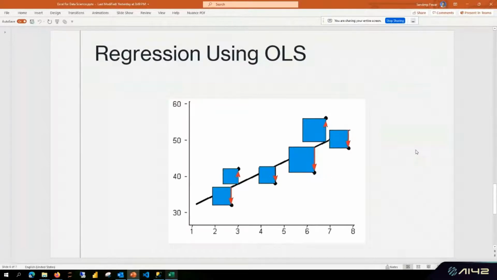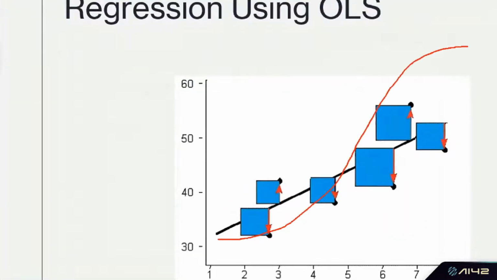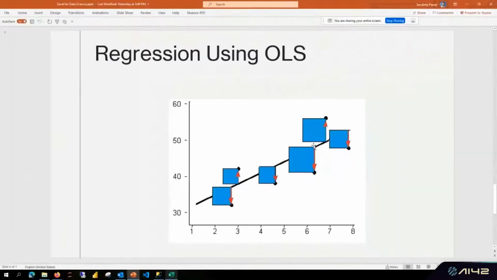There are other ways to do that, like maximum likelihood, but this is the most common way of doing linear regression analysis. If your data is non-linear, meaning if the data was something like this, then the linear analysis won't work because we're still going to fit a line to that. That won't work. We're only concerned about linear regression in this case.